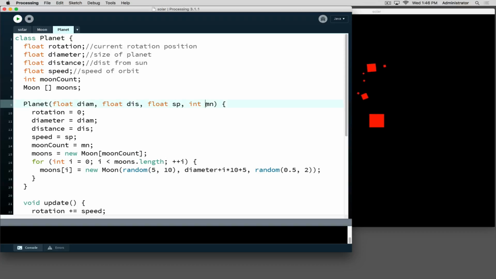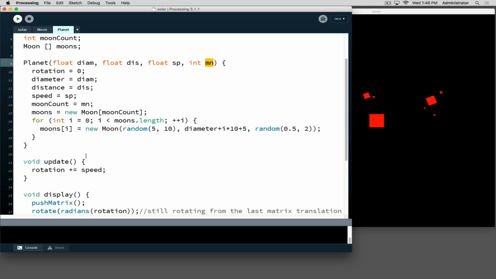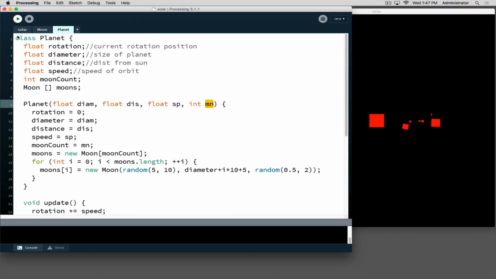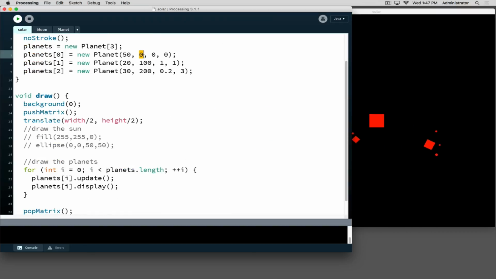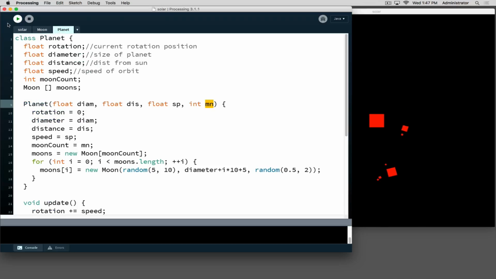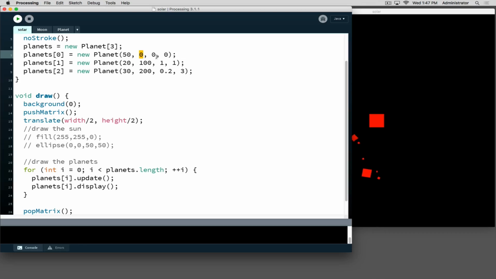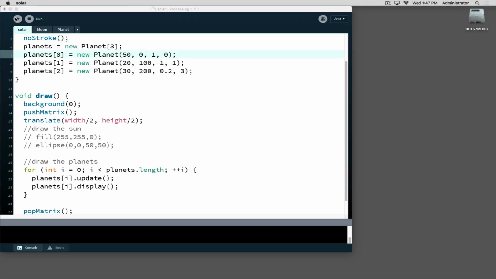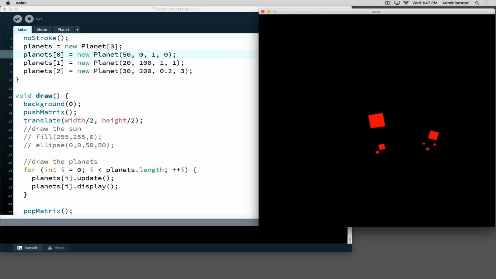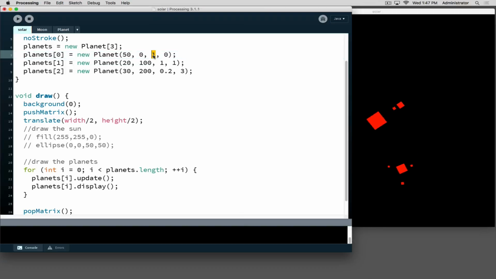And it has 0 moons. So it's now a fixed planet. Now what would be interesting is, if we give it a speed, we'll notice how we can make it move.